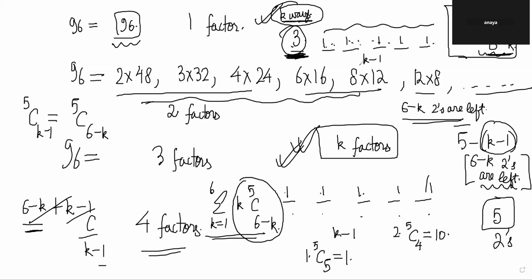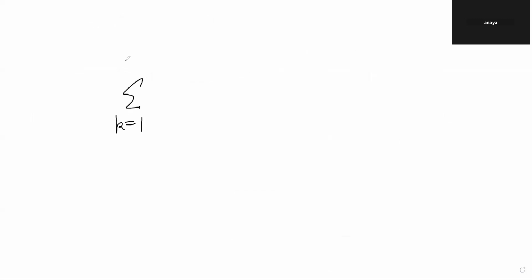And k can be 1, 2, 3, 4, 5, 6. Then you simply add up all of these cases and you will get the answer: summation of k goes from 1 to 6, k times 5c(6 minus k).